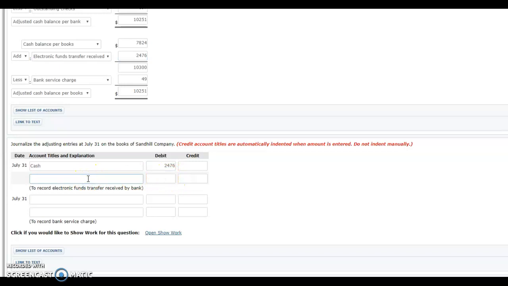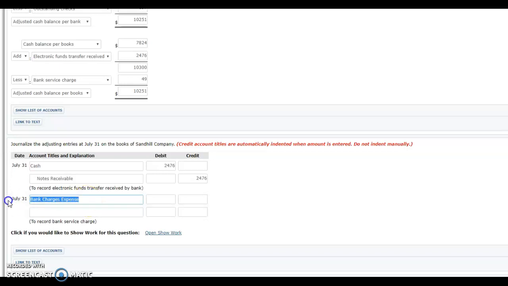And then we're going to credit, that's where I'm lost, notes receivable. We're going to try that. Otherwise, I'm going to record this again. And then we're going to process the bank service charge, or the bank charge expense.